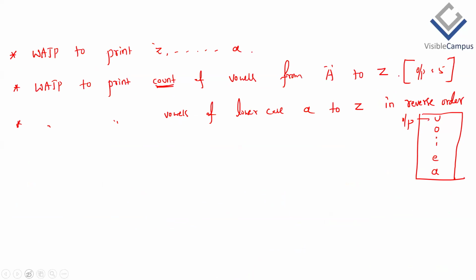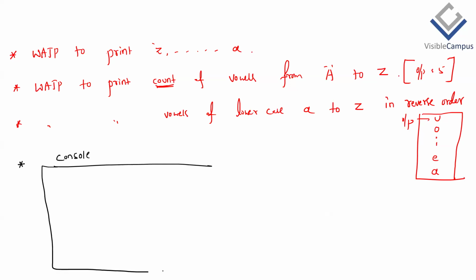At this point of time, one more question which I got in one of my previous organizations' interviews. In the console, the output has to be exactly like this. The first line starts from 1, comma, 2, comma, and so on, then 9, comma, 10.